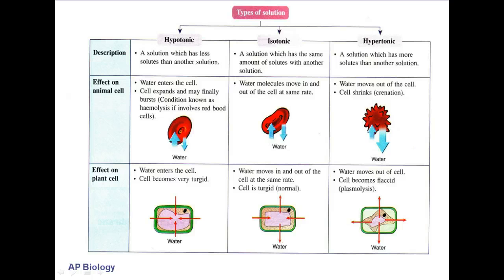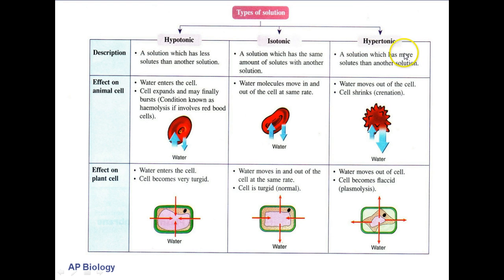Okay, now let's go to the other extreme and talk about hypertonic solutions. So we're over here now at hypertonic solutions. Now write in your notes that the prefix hyper means high or above, so a hypertonic solution has a high concentration of solute. So now we're putting a cell in a salty solution.